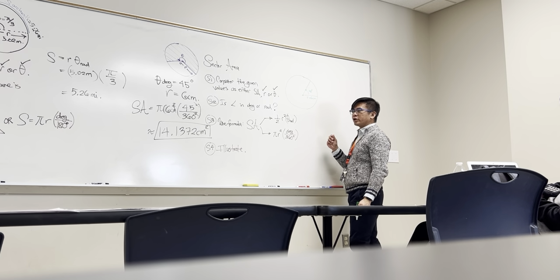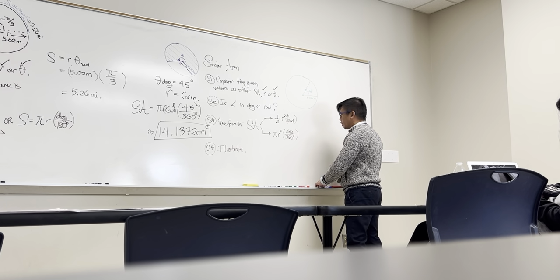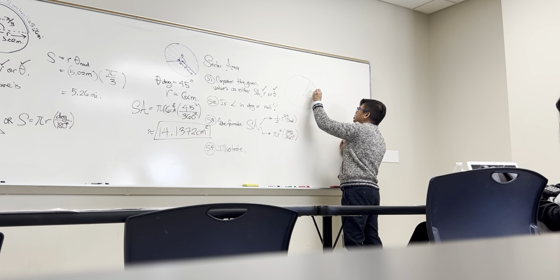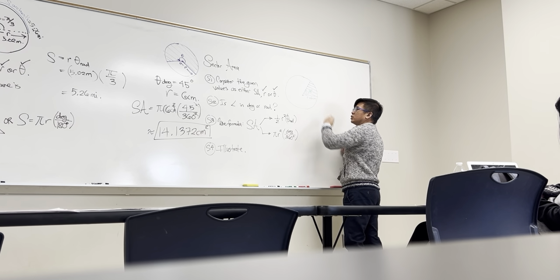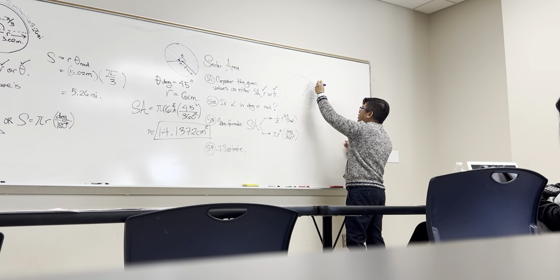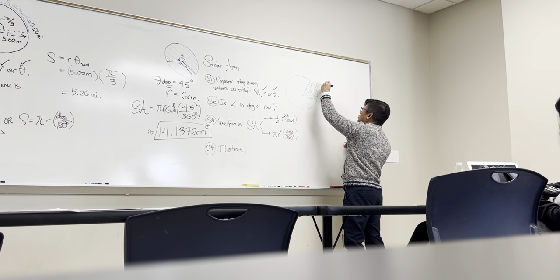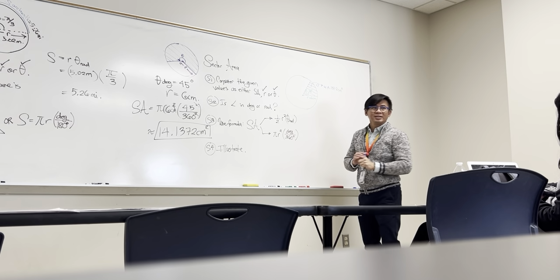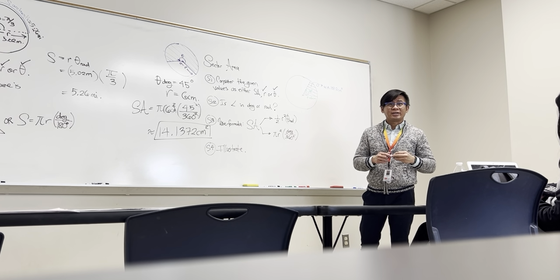So where is that 14.1372? The 14.1372 is this shaded part of that circle's area. And that is, once again, approximately 14.1372 square centimeters. And again, that is your sector area.